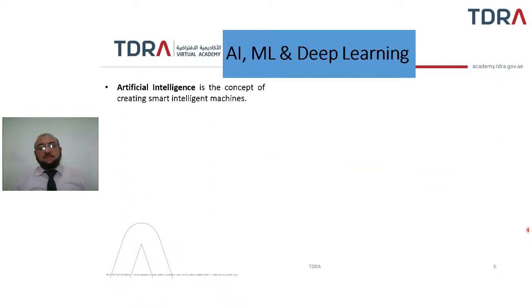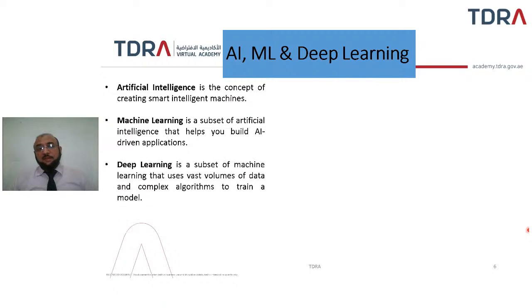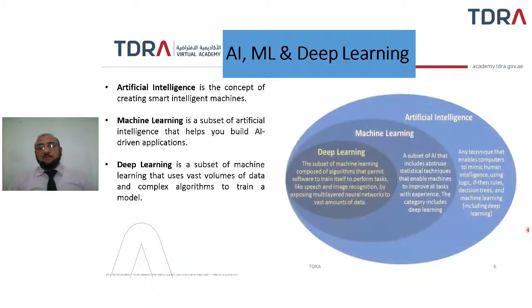First of all, we should know the difference between AI, machine learning, and deep learning. Artificial intelligence is the concept of creating smart, intelligent machines. Machine learning is a subset of artificial intelligence that helps you build AI-driven applications. Deep learning is a subset of machine learning that uses a vast volume of data and complex algorithms to train the model.